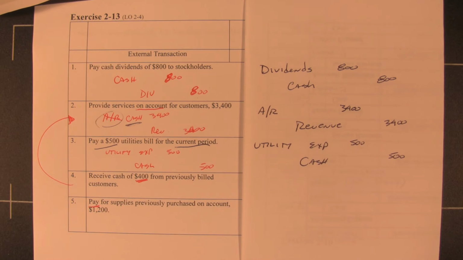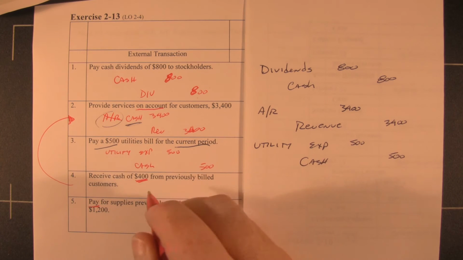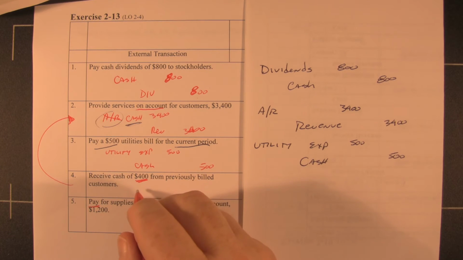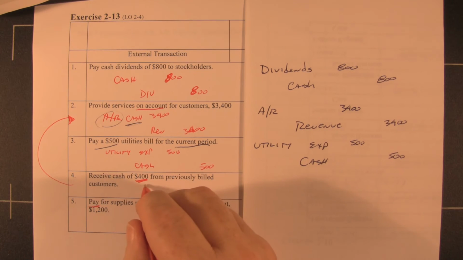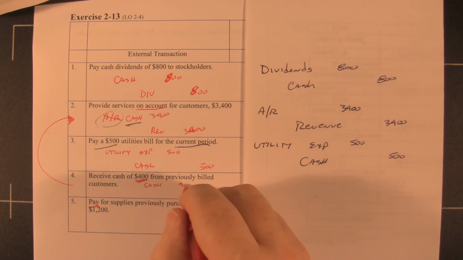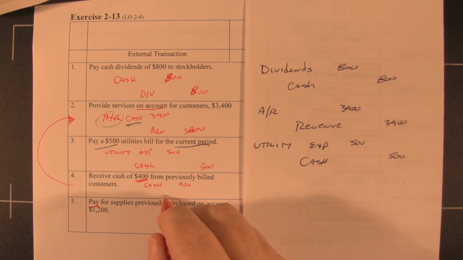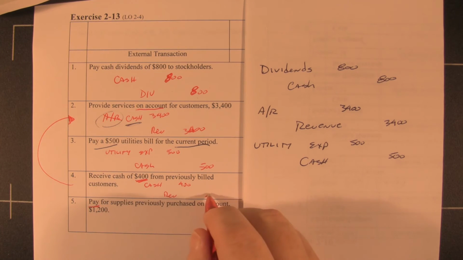Okay, so we're getting paid some of the money we already earned and recorded. What he did was he said we got $400 cash, so that part's correct. So he debited cash for $400. That part's correct. But then he said revenue. So he's saying that we didn't collect that money we previously earned.